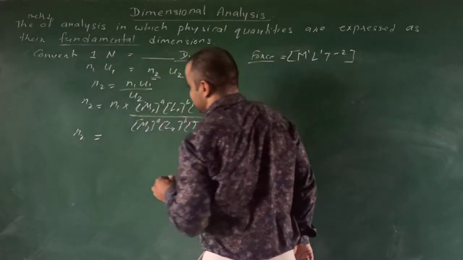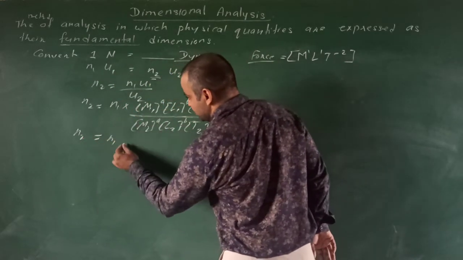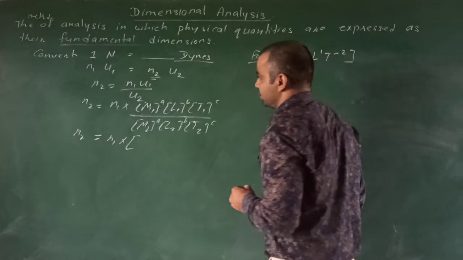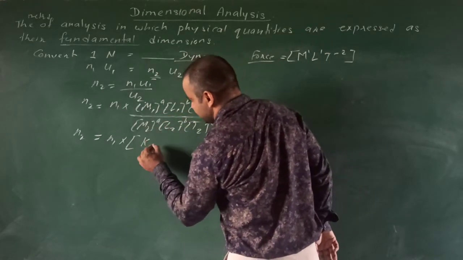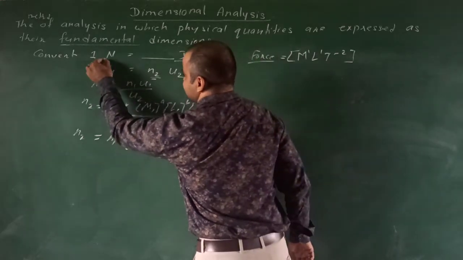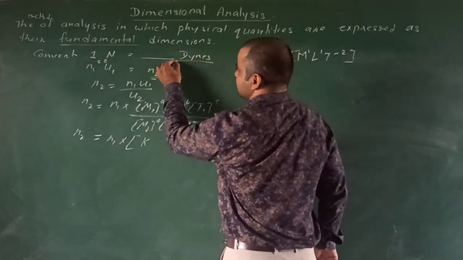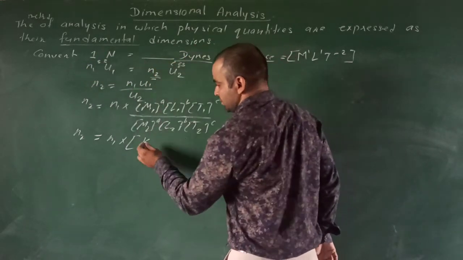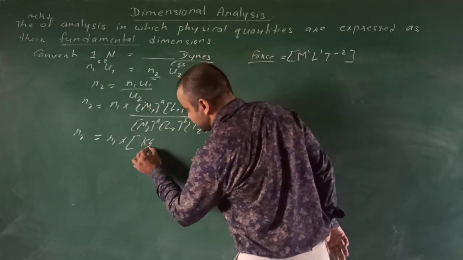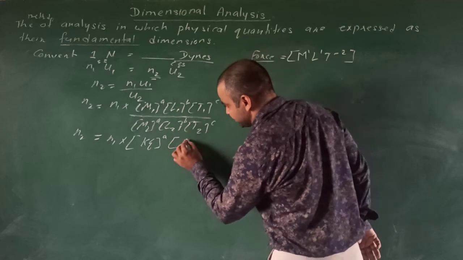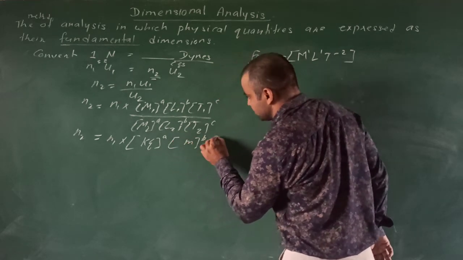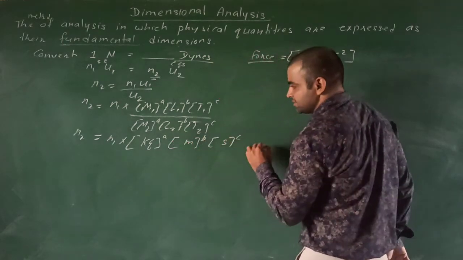Now put the dimensions in the formula. M1 is mass, because this is in SI unit and this is CGS. In SI, mass in kilograms, length in meters, time in seconds.